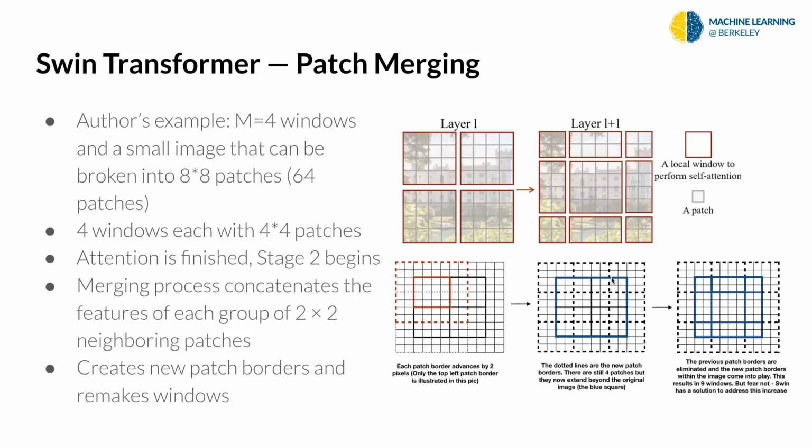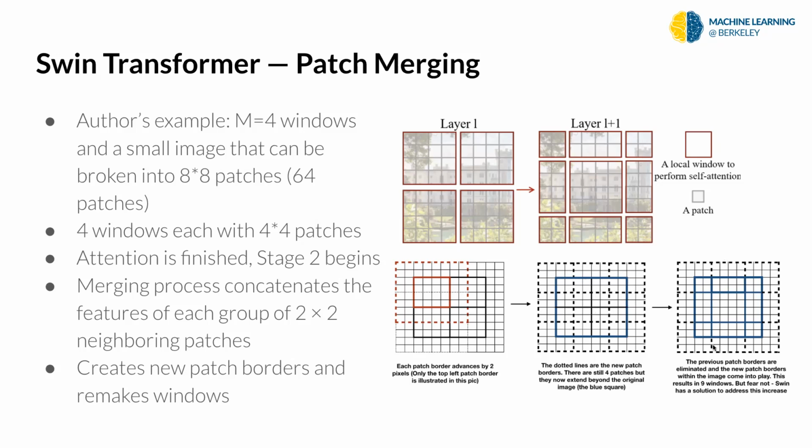If we do this for each one of our patches, we come up with intersections where the dotted lines are the intersections between our new windows. And these generate our new patch borders post-merge. There are still 4 patches, as you can see here, but now they extend like a radius of 2 pixels outside of the initial patch length.